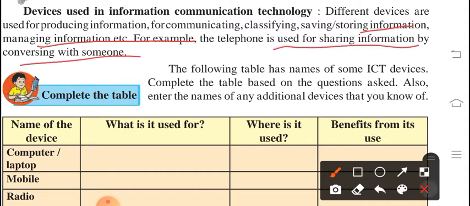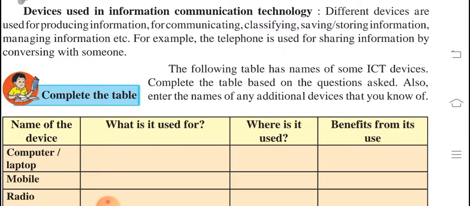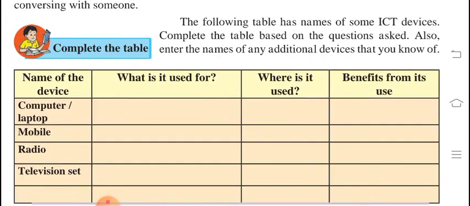If you want to save your data, you have a microchip in which you can store your data. You have a laptop, you have a phone. In the phone memory also you can save and store your data. You can classify and communicate with all these things. All of these come under communication technology.